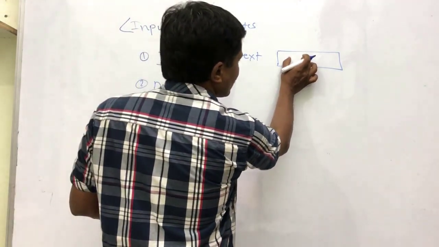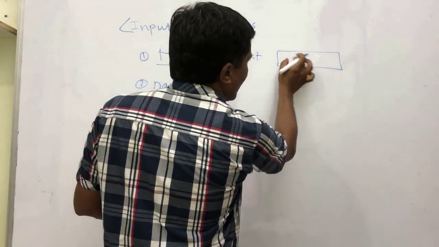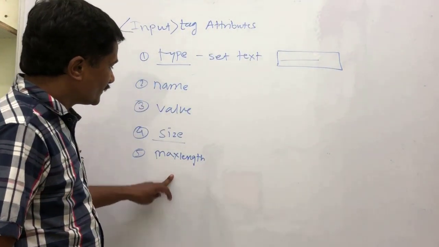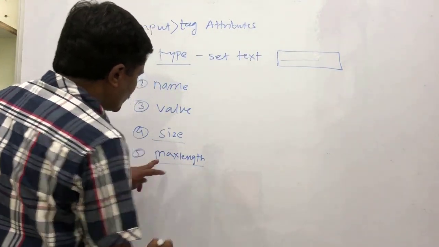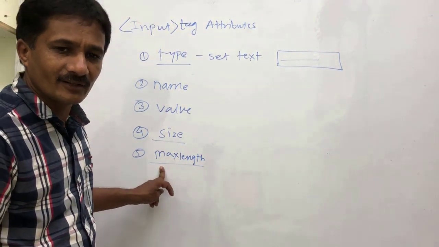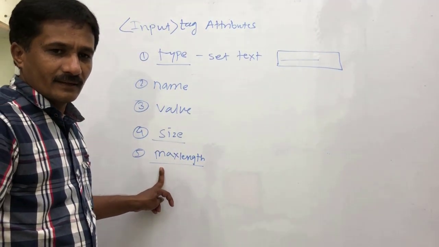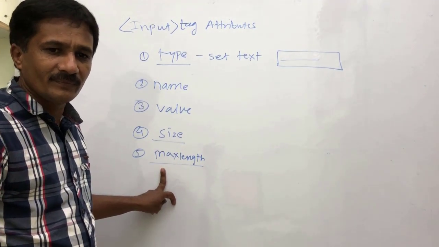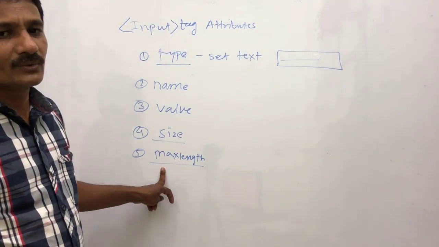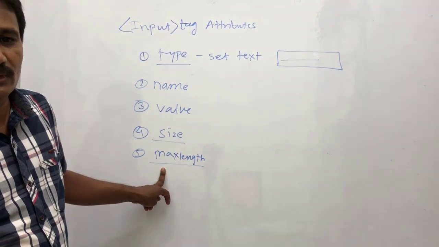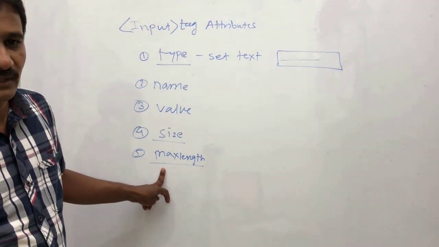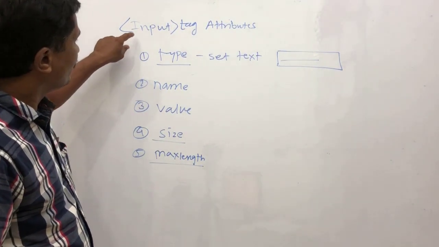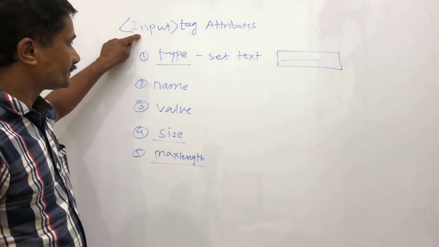That is how many characters are stored in a particular text field, which is decided by using the max length attribute. All these are the attributes which are used in the input tag.